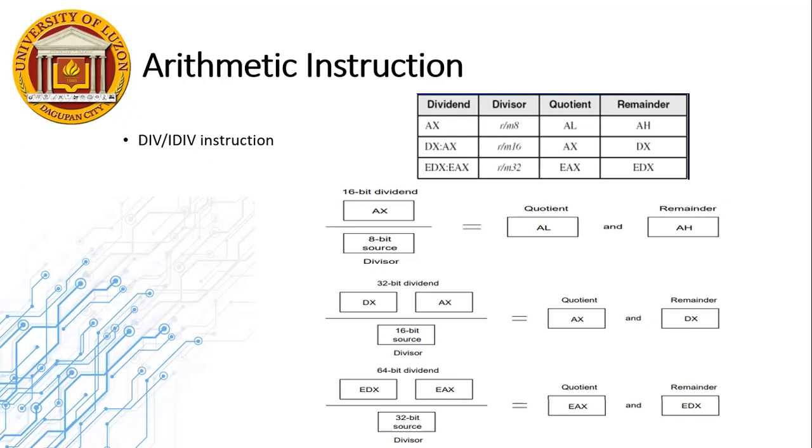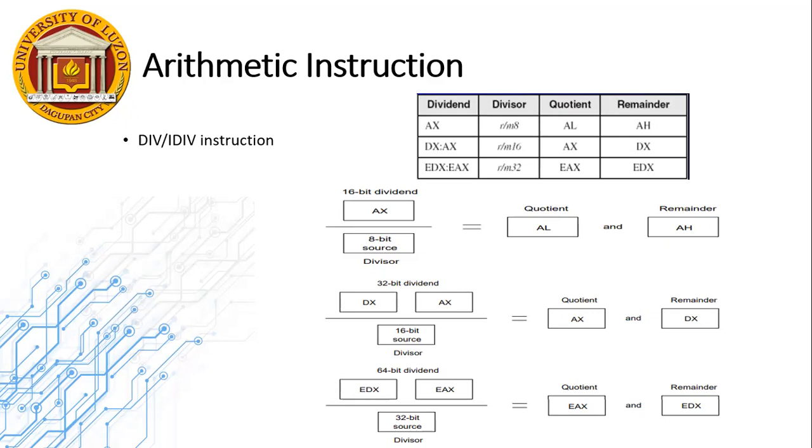I prefer the table over the diagram. So if you are using a 16-bit dividend, your divisor will be 8-bit, and the quotient will be stored in the 8-bit accumulator AL, and the remainder will be stored in AH. Those are 8-bit registers.